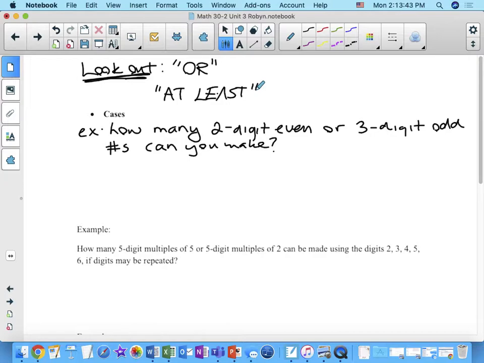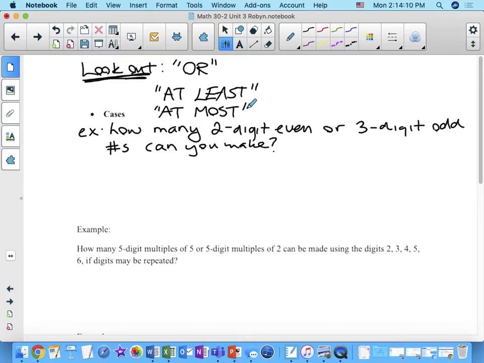Okay? And then the third one is at most. Okay, so for example, I went to Good Earth the other day and I got oatmeal, and they said you can have at most 2 toppings on your oatmeal. Okay, so what are the possibilities there? What would the cases be?